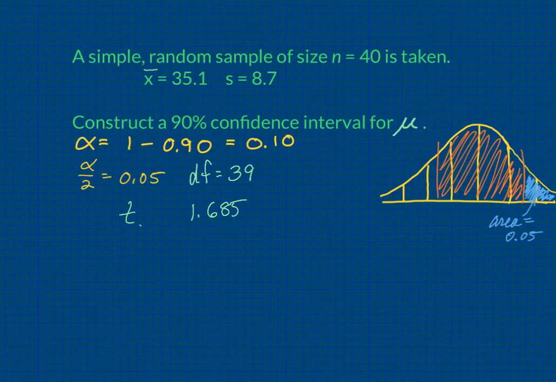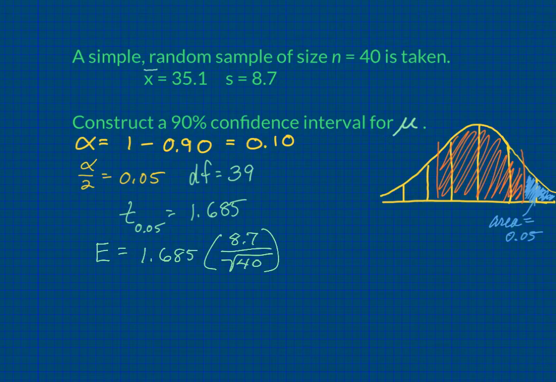That is the t-value for the area 0.05. So now our margin of error is equal to the t-value, 1.685, times the standard deviation of our sample, divided by the square root of the number in our sample.